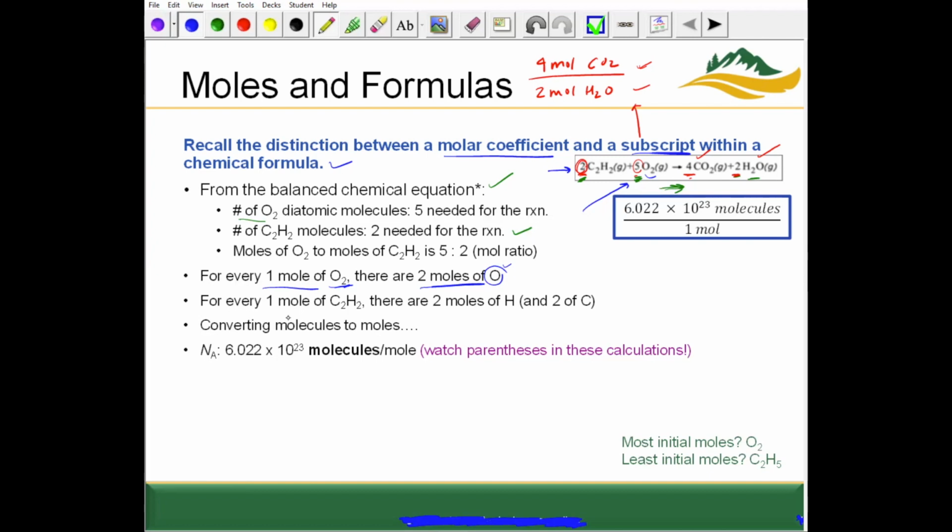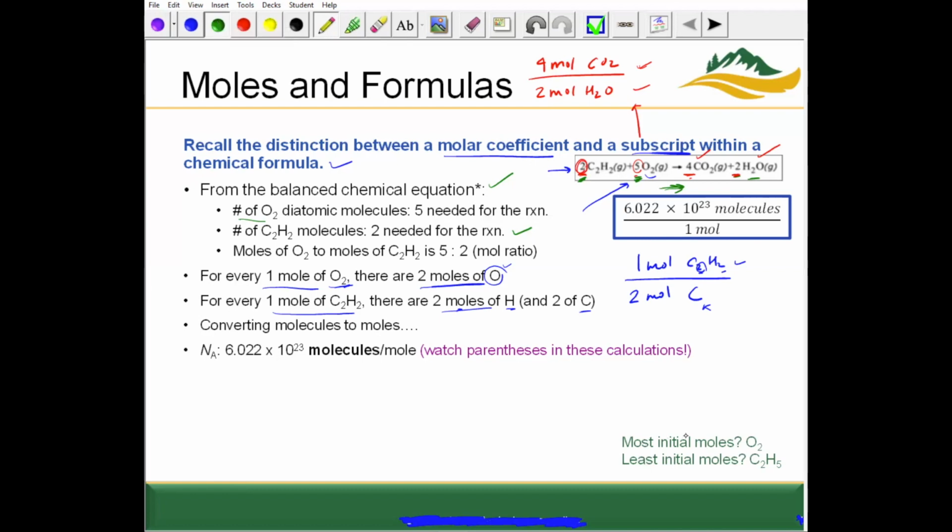Then for instance, for every 1 mole of C2H2, there are 2 moles of H and 2 moles of C. We'd write this out as for every 1 mole of C2H2, there are 2 moles of carbon, 2 moles of hydrogen, so we could say 2 moles of C. Or this could be H as well, because these subscripts are 2 and 2.